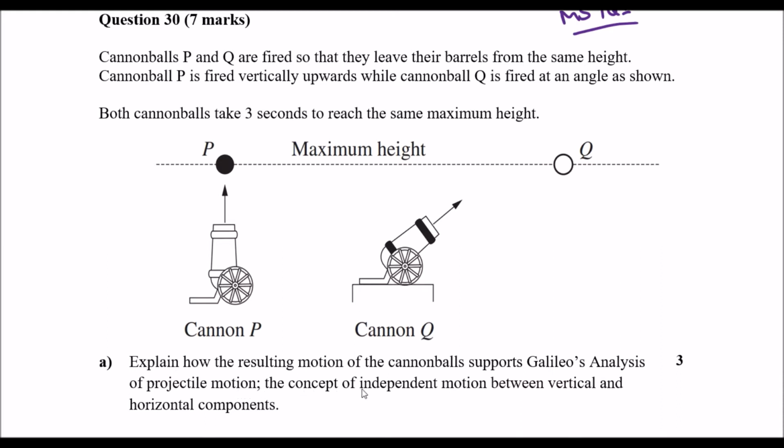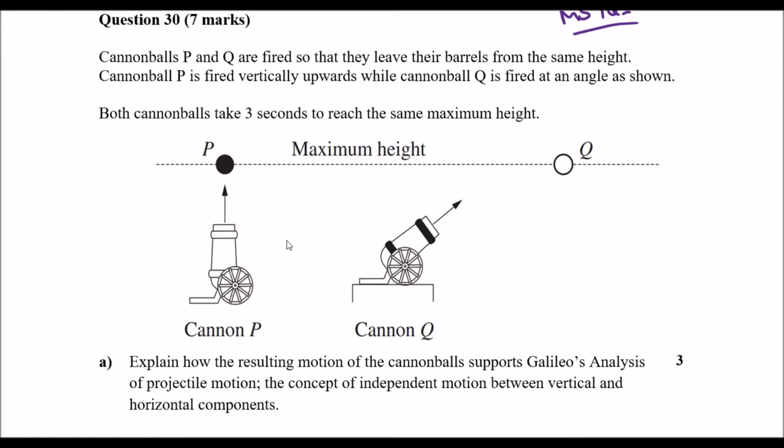The concept of independent motion and vertical components. Or should I say the independent motion between the vertical and horizontal components. So that's kind of what we're looking at here. So let's explain how it works and then where to go from here.